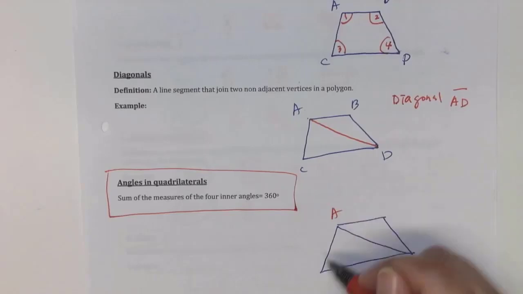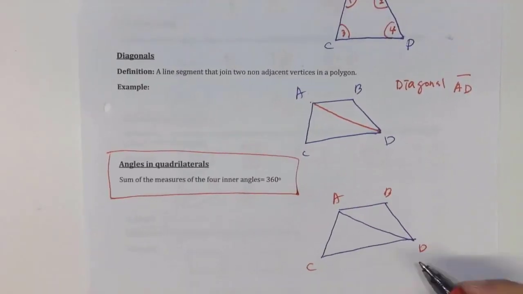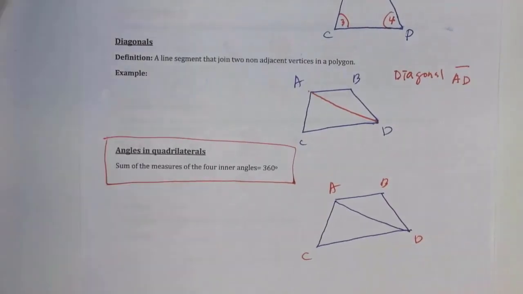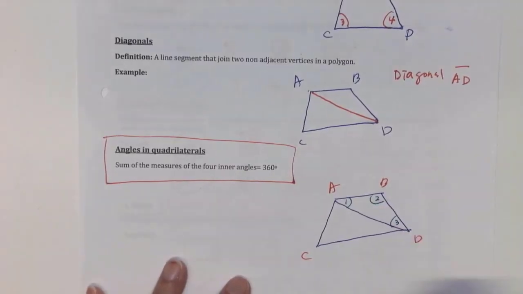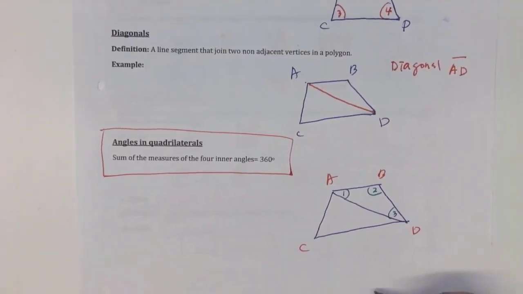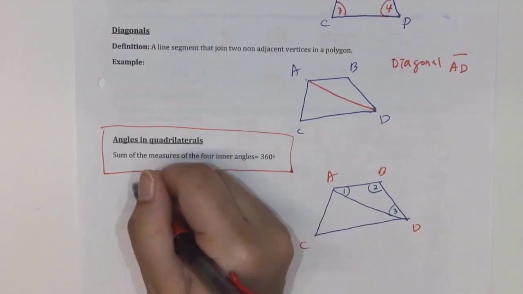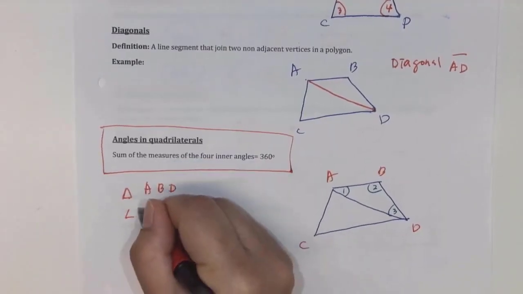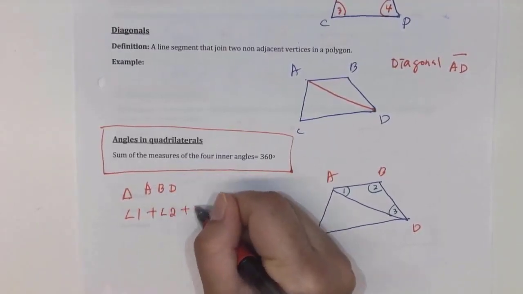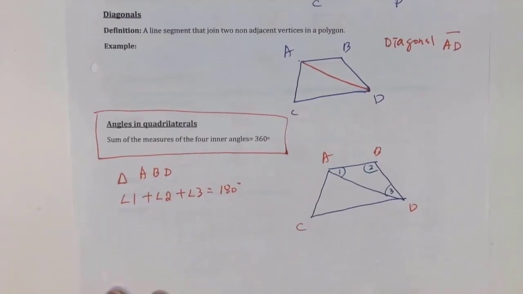So this is A, B, C, D, and I can put a bunch of angles in here. I can say this is angle 1, 2, and 3. Angles 1, 2, and 3 should add up to what? 180. I'm looking at triangle ABD, right? Angle 1 plus angle 2 plus angle 3 equals 180 degrees because they're within the triangle, right?